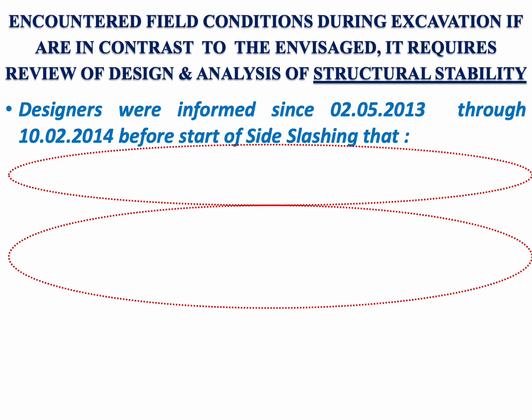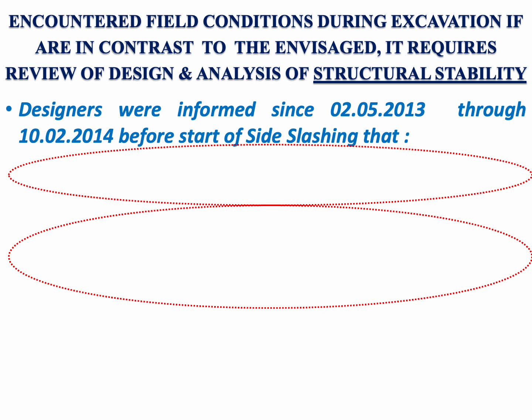So in this case, the encountered field conditions during excavation were in contrast to what was envisaged initially, when the rock classification was inferred as good to fair. At this point of time, in May 2013, it required a review.